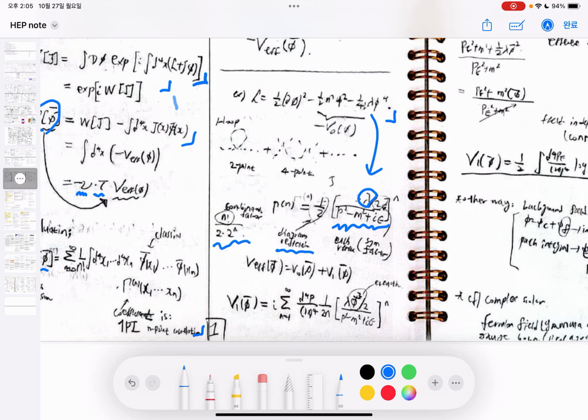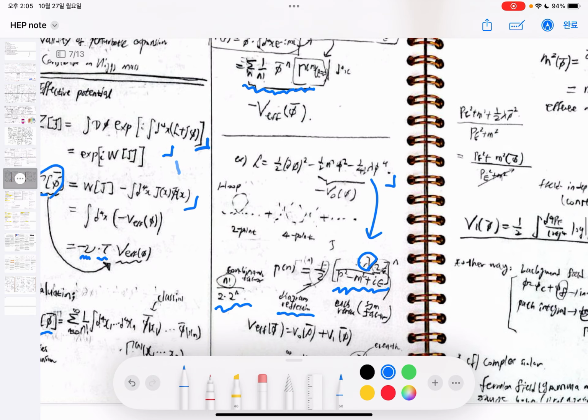Then the one loop effective potential has the following form, according to this formula.